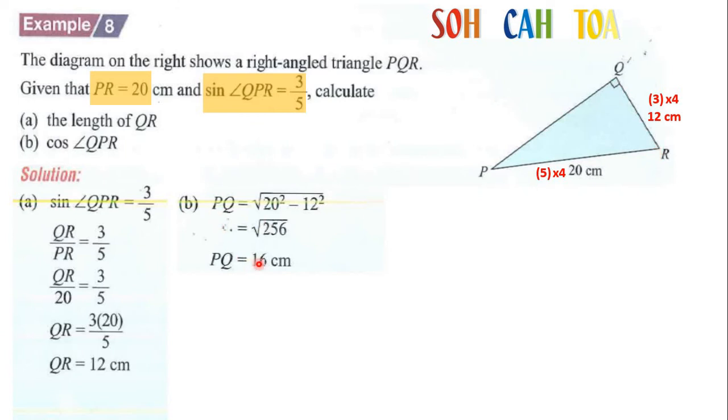So PQ is 16 centimeters. Therefore, you can find the value of cos angle QPR. You know adjacent is 16 centimeters over hypotenuse 20 centimeters. Then you must simplify this. You get 4 over 5.